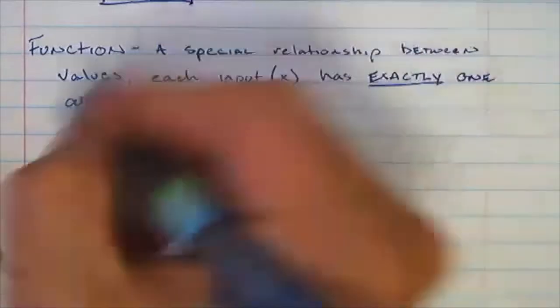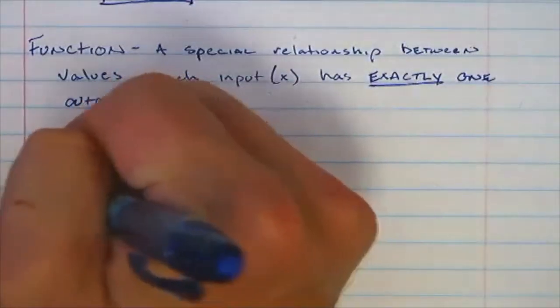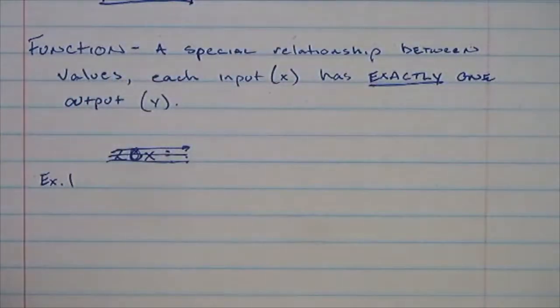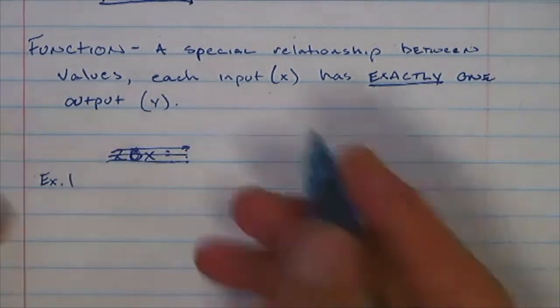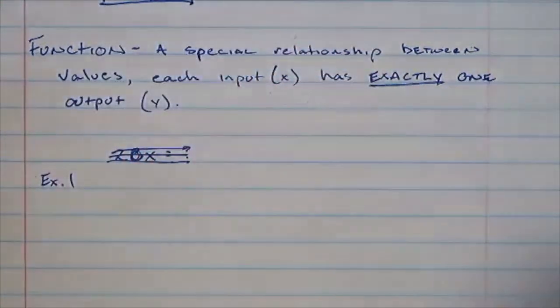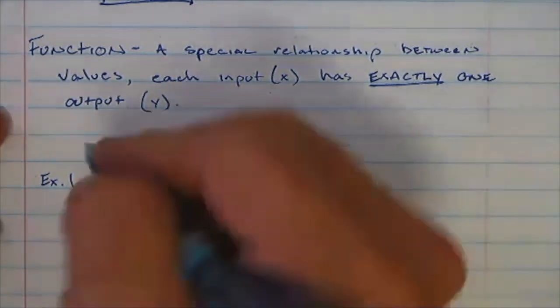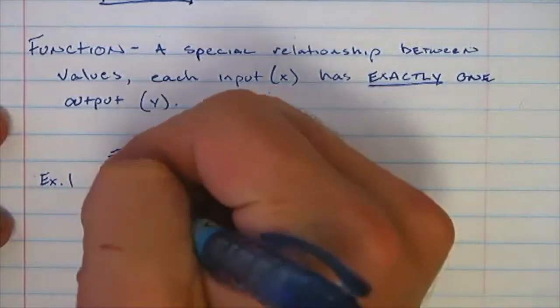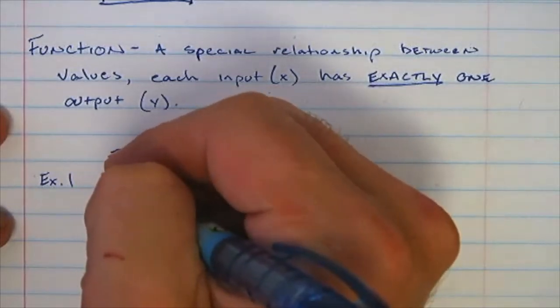So example 1 for functions. We're really going to just do 2, and one is a function, one is not, and just realize why it's not, okay?